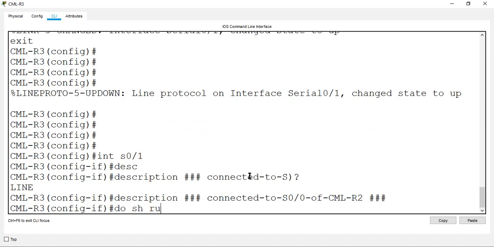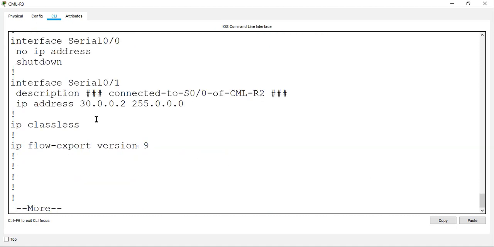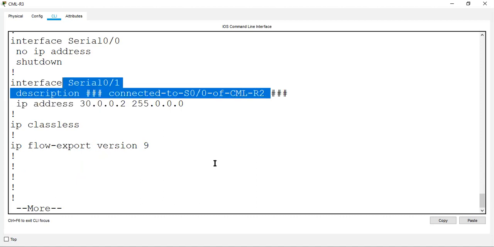So do show run. You can see that S01 is connected to S0 of R2.